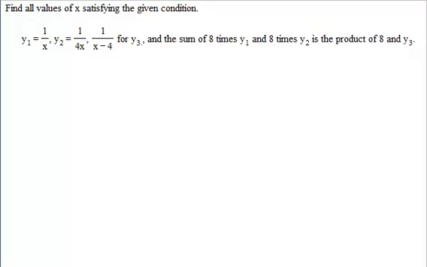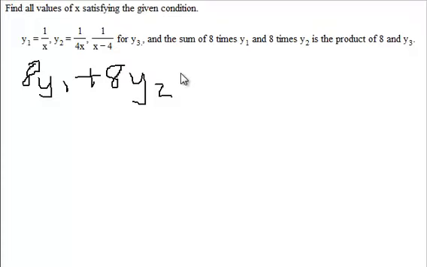And then we are told to find all values of x for which these given values of y1, y2, and y3 are such that the sum of 8 times y1 and 8 times y2, so the sum of means we're adding, is the product of 8 and y3.